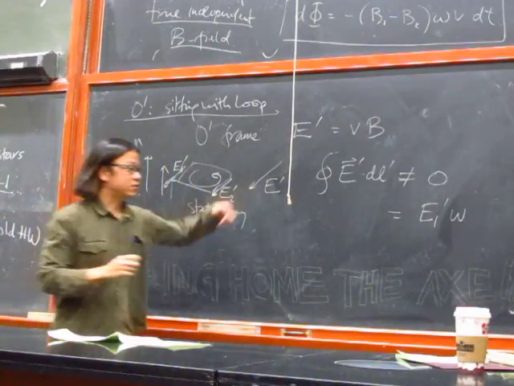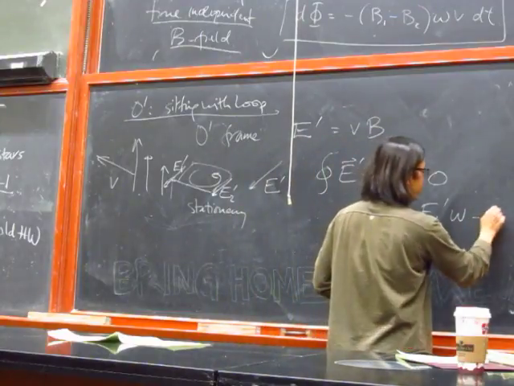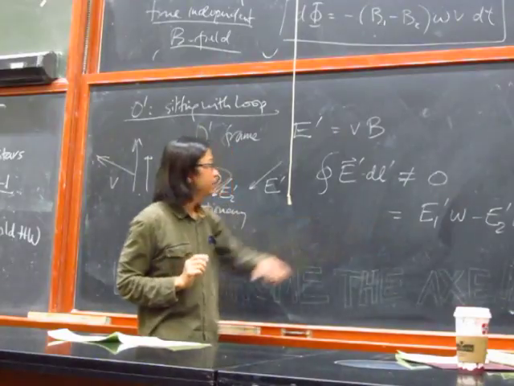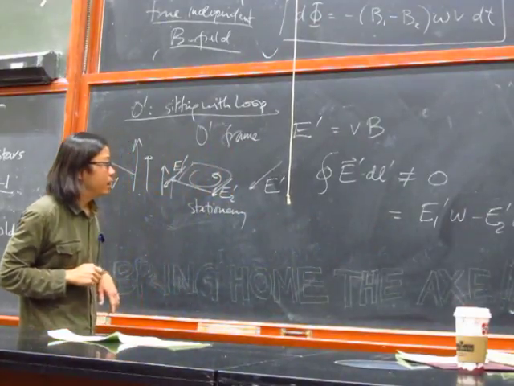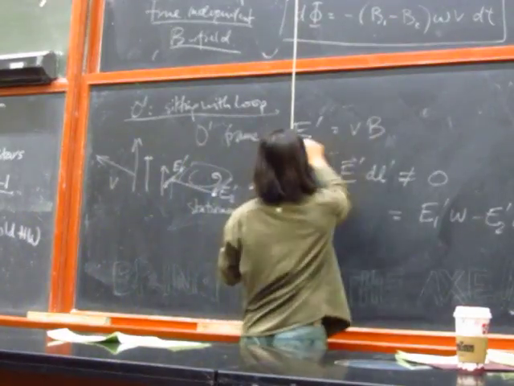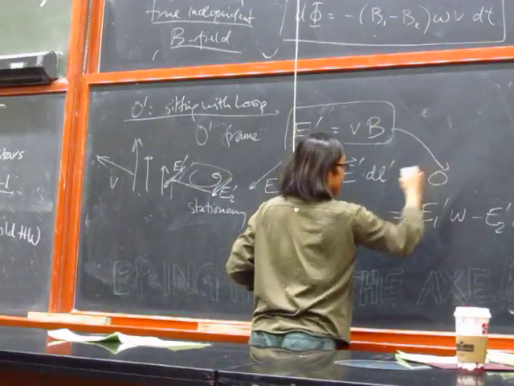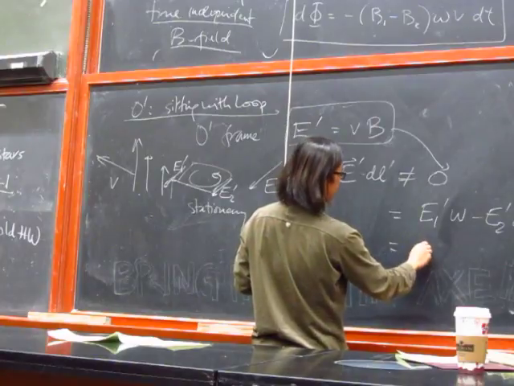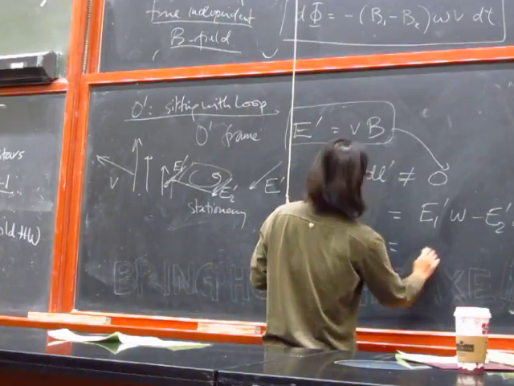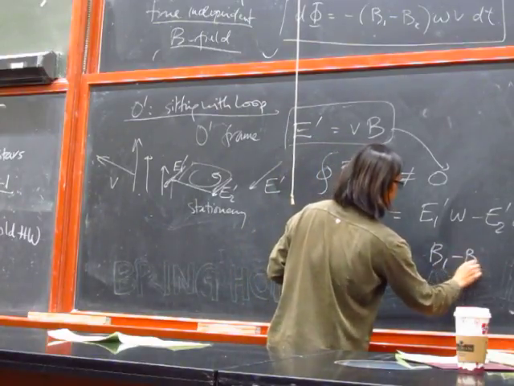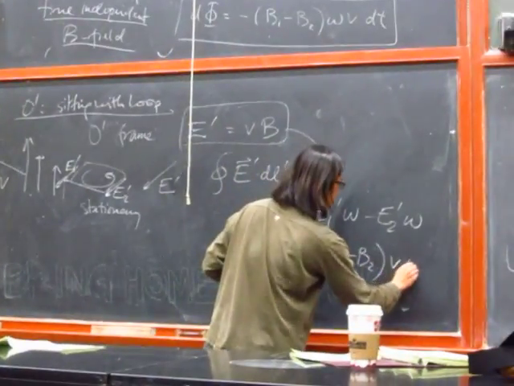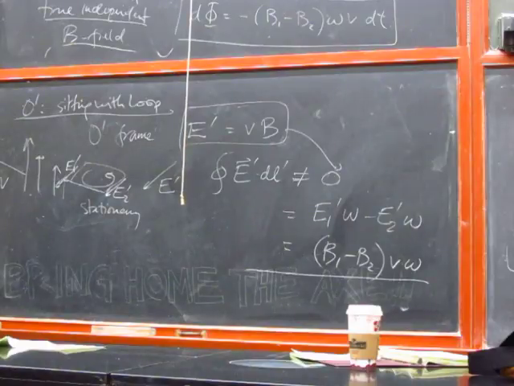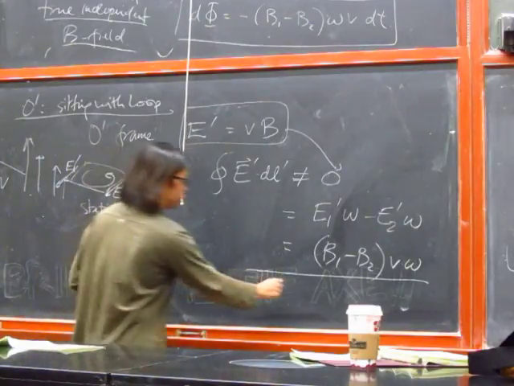So this is going to be equal to (E1 prime minus E2 prime) times W. That's the line integral. Then I substitute this equation into this expression, and I get something like (B1 minus B2) times v times W.